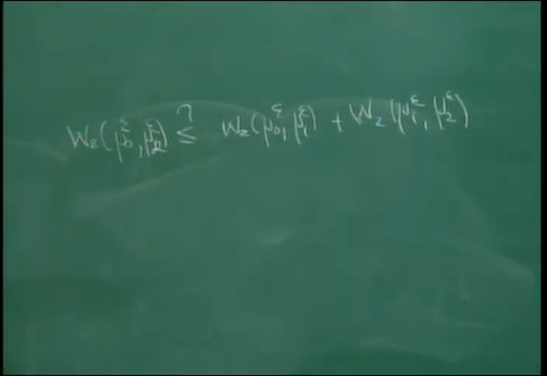So if I know the triangle inequality for densities which are absolutely continuous with respect to Lebesgue measure, thanks to that theorem, when I let epsilon go to 0, I have it for arbitrary measures. So now I can state the theorem.